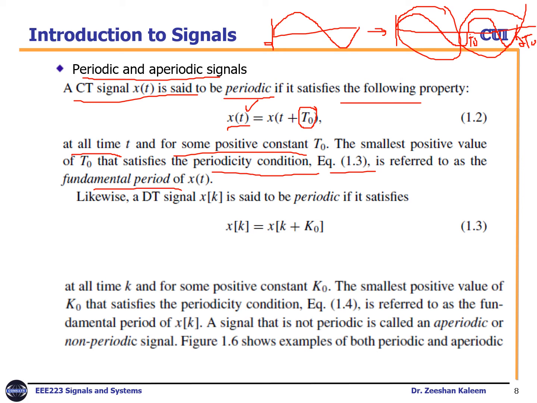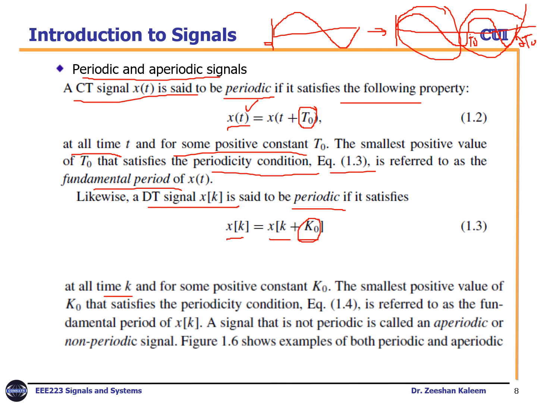The fundamental period is your basic period, because based on this you will have harmonics like 2t, 3t. These are called harmonics. Fundamental is your basic time period. Likewise, a discrete time signal x of k is said to be periodic if it satisfies the condition x of k equals x of k plus k naught. Here we have a period k naught.